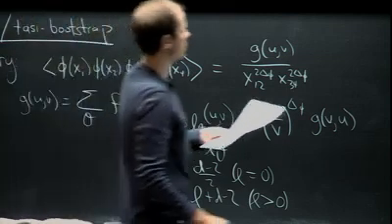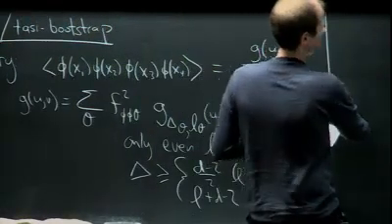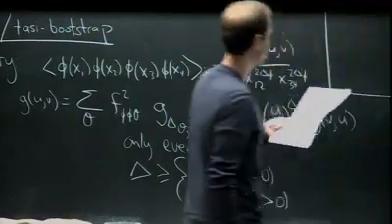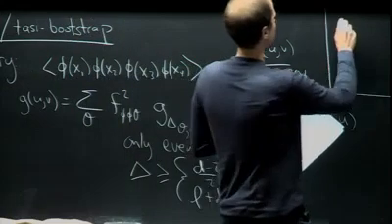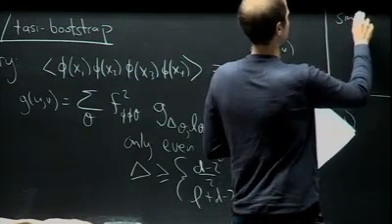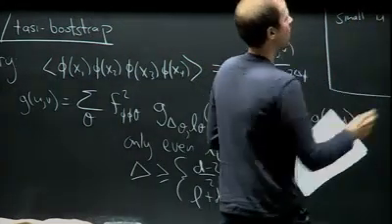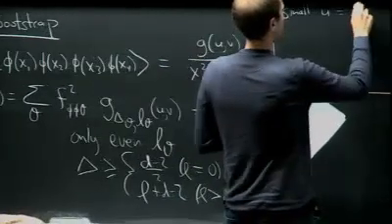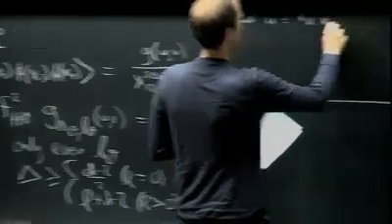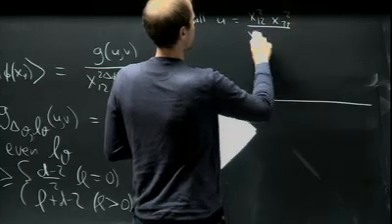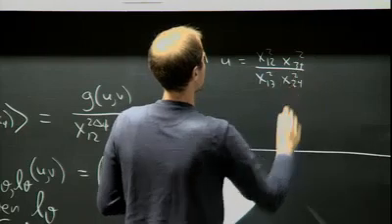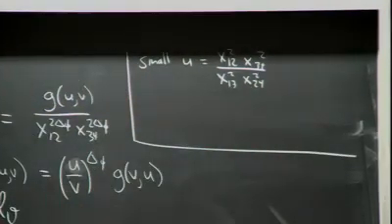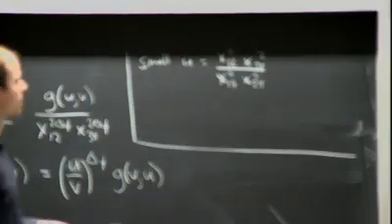Just to give you a sense of the kinds of things you need in order to satisfy this equation, let's look at the small u limit. You remember this u is x12 squared, x34 squared, over x13 squared, x24 squared. So this is the OPE limit where 1 and 2 are approaching each other.